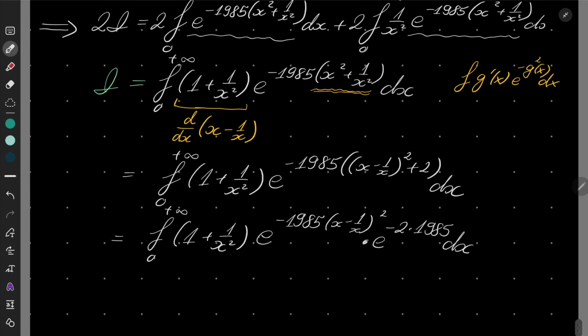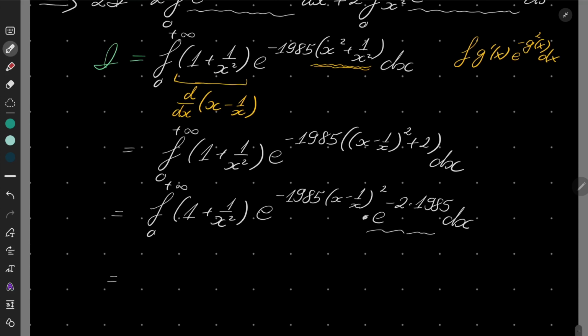Okay, and now let's look. This part is a constant, so we can put our constant in front of our integral. And now we have 1 over x squared e to the power, and moreover, one more thing maybe.